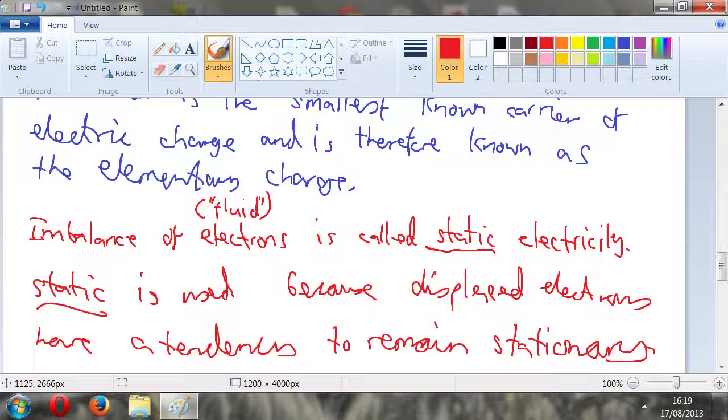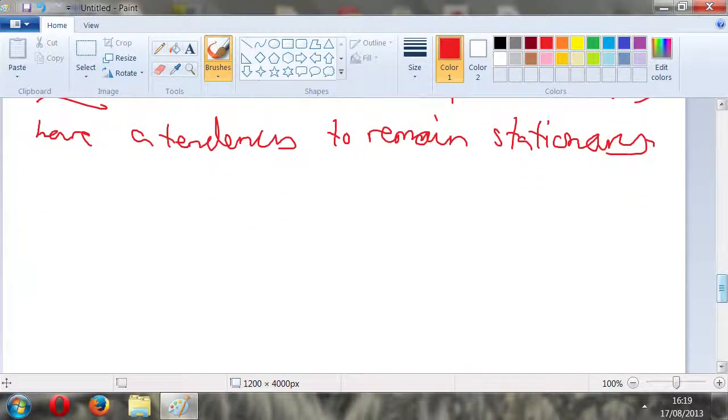after you move them from one insulating material to another. Now the final point I'm going to make is a very important point.